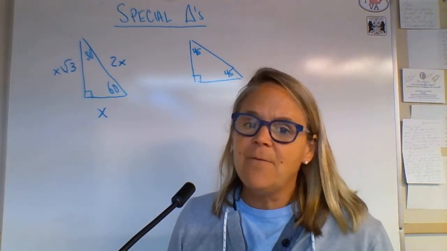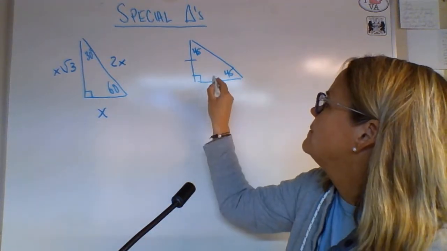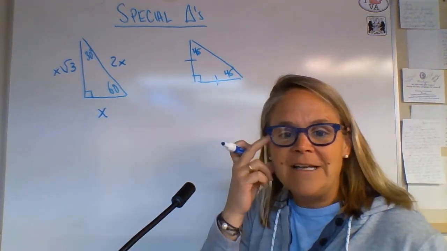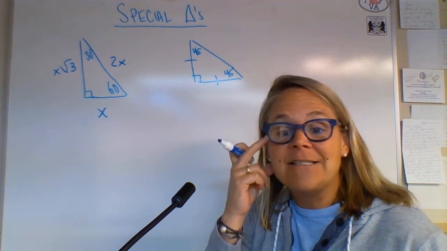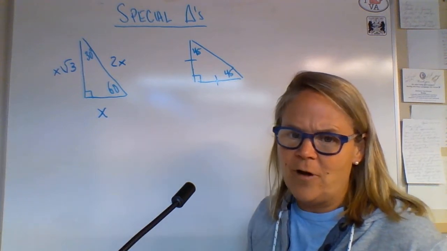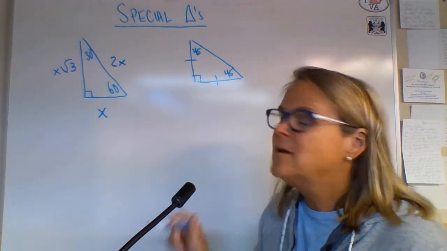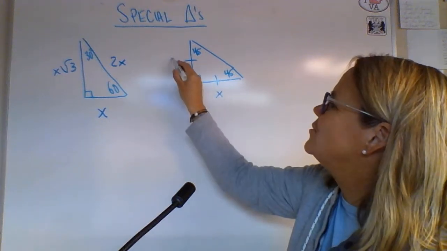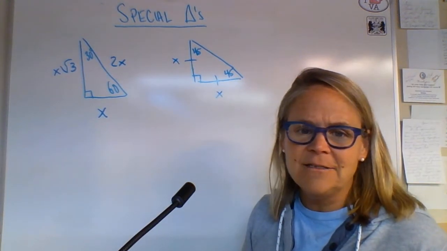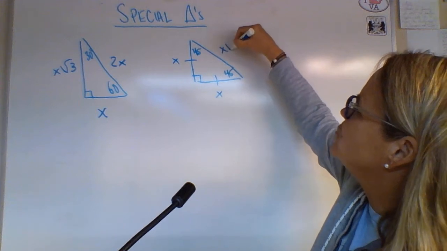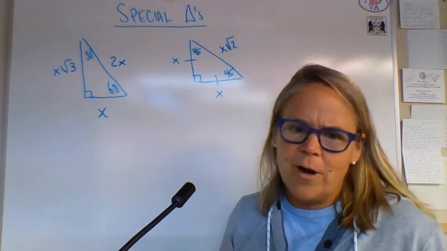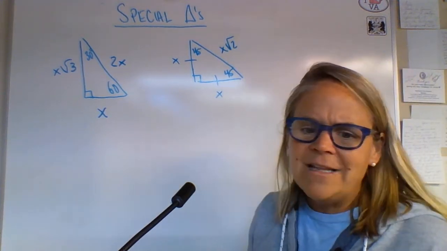With a 45, 45, 90, what you should have learned is that that's an isosceles right triangle, since the base angles are equal. So these were considered x, your legs, and your hypotenuse was always x square root of 2. Now, what did that mean?